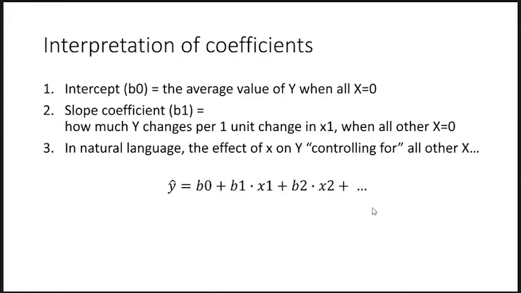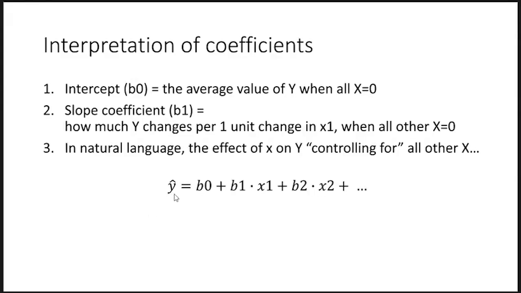So we get these b0s and b1s or whatever. So first of all, the intercept, the b0, what does it mean to us? It's the average value of y, or the predicted value of y, when all of our x's equal 0, when all of the features are at 0.